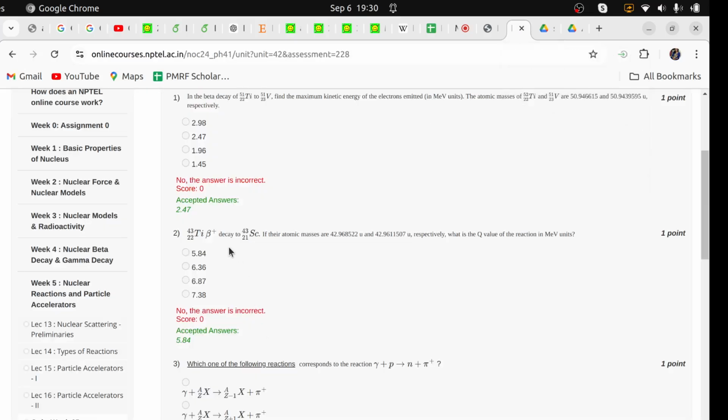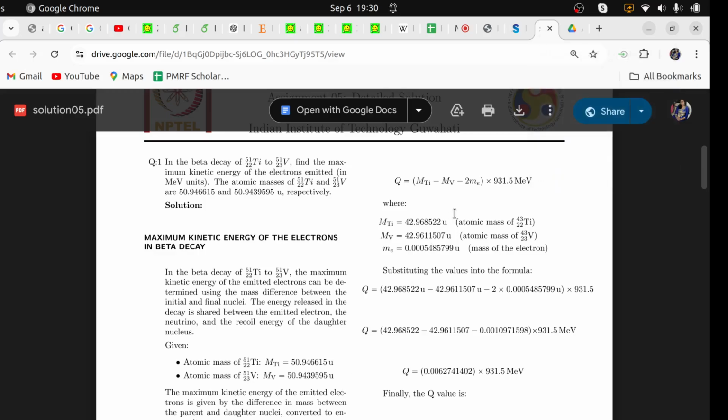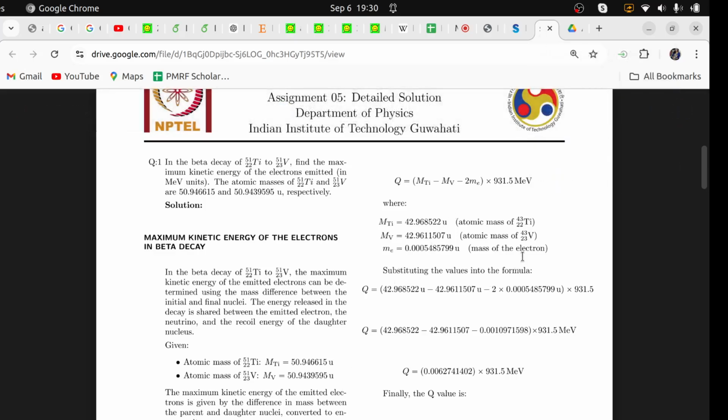Beta plus means obviously it will be 22 to 21. Yes, 22 to 21 it should be. So scandium should be there, but Sir was telling it is vanadium. Yeah, that is wrong. Obviously there will be 21, but we will need to check the value of mass only. That's it.